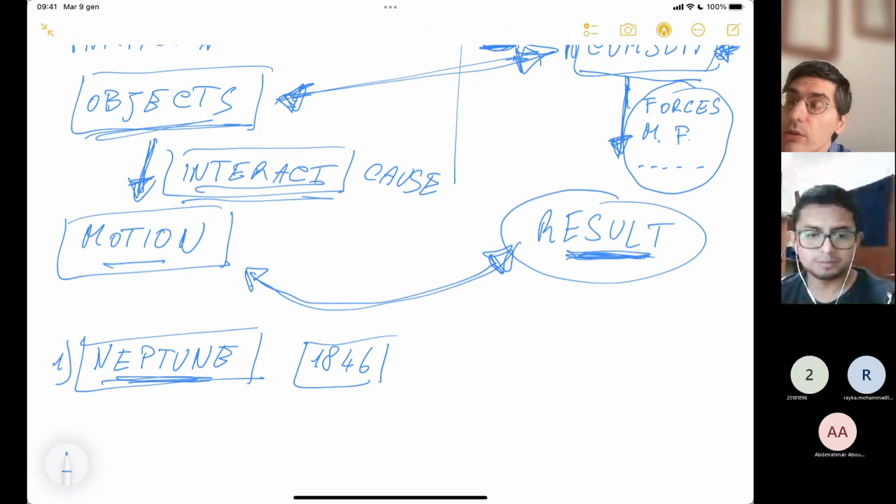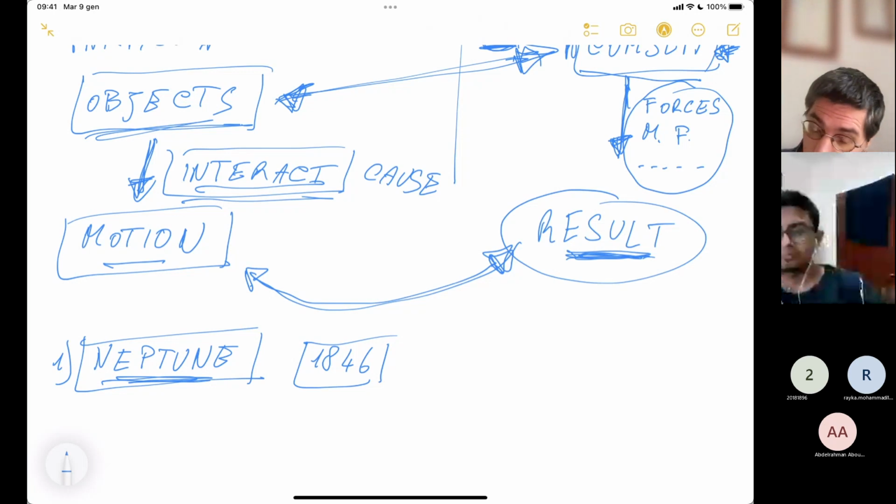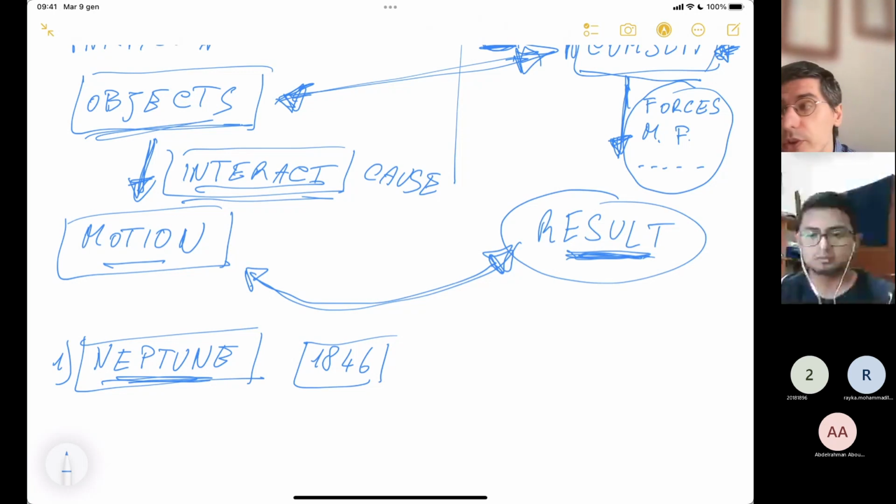But I want to underline two things for you. One is that Neptune was the first planet that was discovered by a mathematical model. It's not because someone pointed the telescope at a certain point of the sky in the night and saw Neptune.